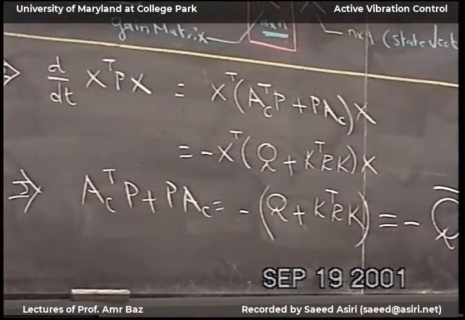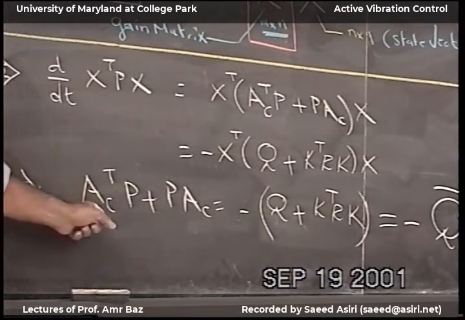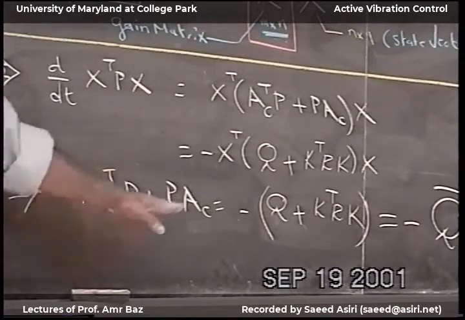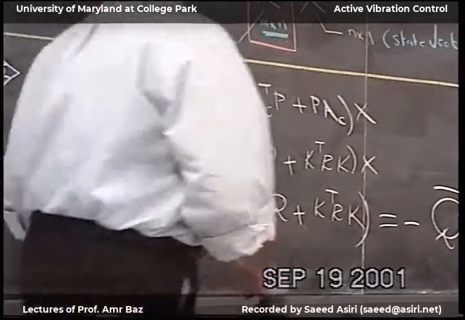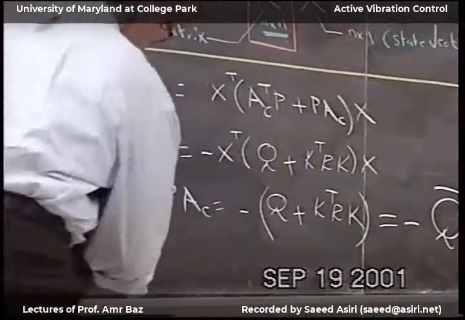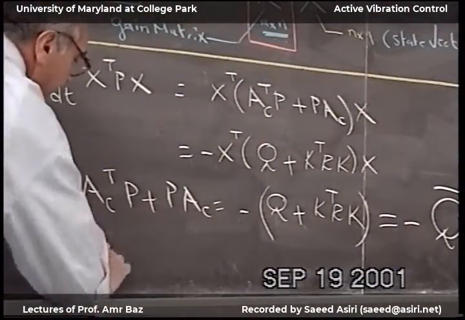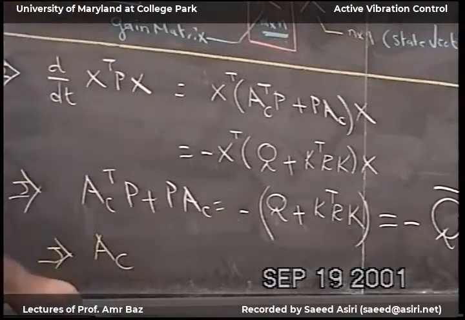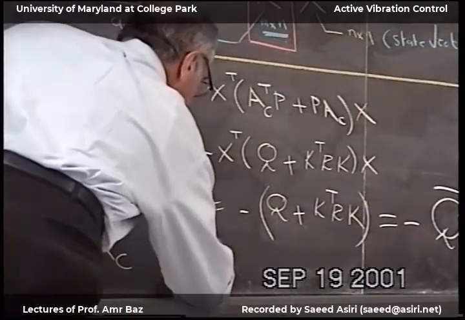What this equation says now is that if we have this, then A_c is stable, because this is a Lyapunov equation. And this will be the condition to have A_c stable.